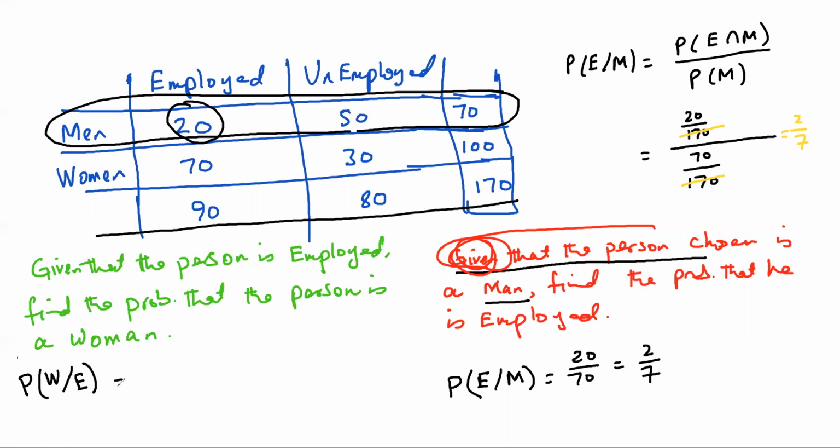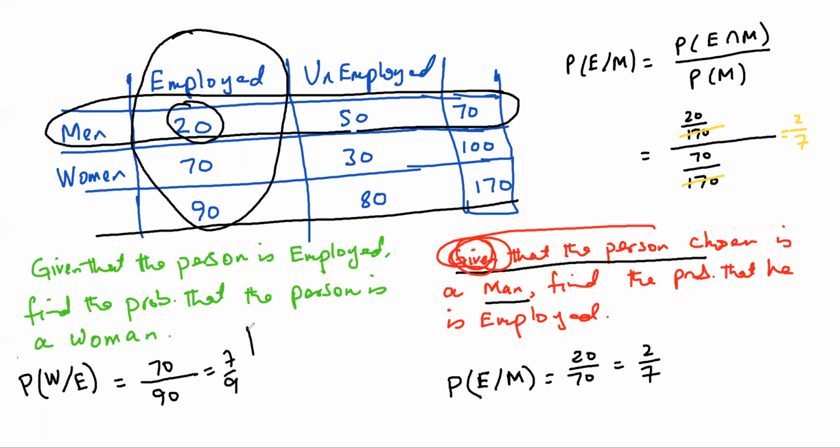So you just focus onto all these employed people. There are 90 employed people, and out of these 90 employed people, there are 70 women. So that is 7 over 9. If instead you try this through the formula, please, you must know this formula as well.